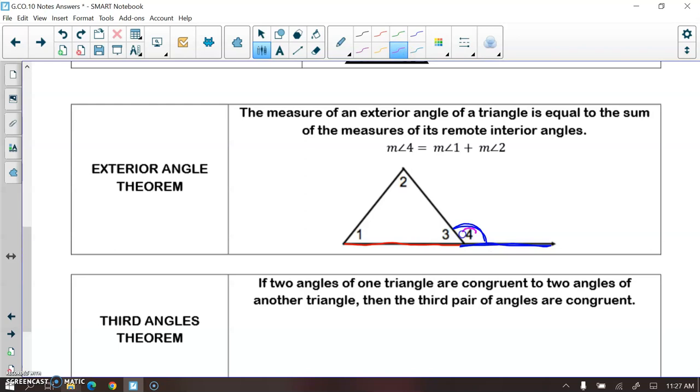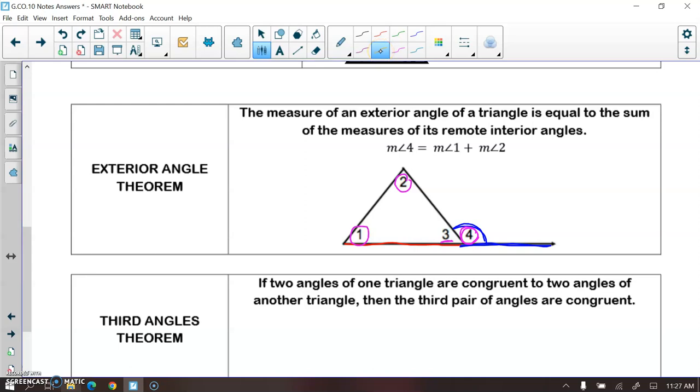The measure of angle 4 is equal to the sum of the remote interior angles, which means the sum of the angles that it's not connected to. Angle 4 is connected to angle 3. So it's equal to the sum of these two, angles 1 and 2.